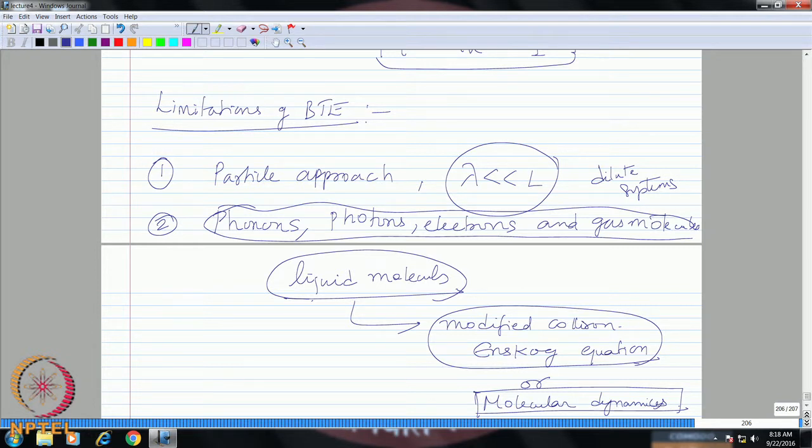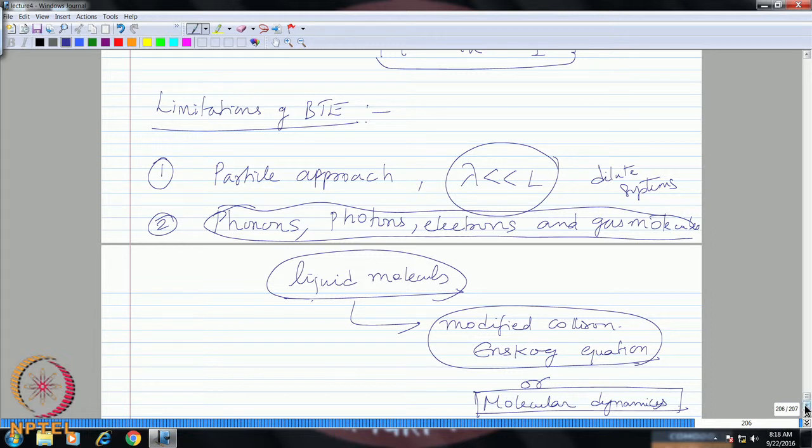If you are talking about radiation transport, here you can use the Boltzmann equation, and also a system of gas molecules. Okay. So, these are some of the important limitations that you should understand.